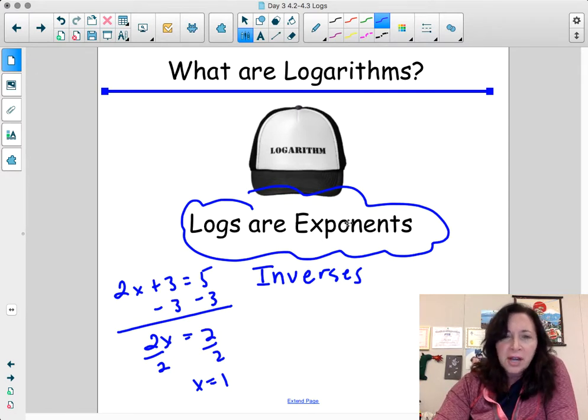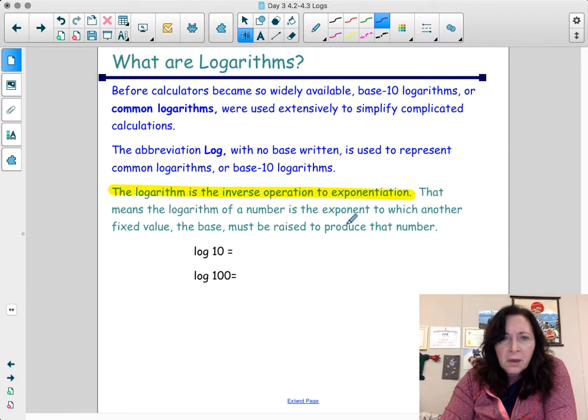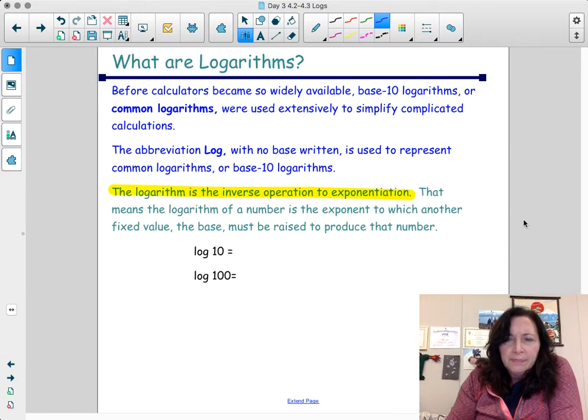And there are different types of logarithms. There are natural logs and common logarithms, base 10 and other bases. So here's a little background on logarithms. Basically, we usually talk about logarithms as just log, and when we talk about a log, we also understand that a log is base 10.